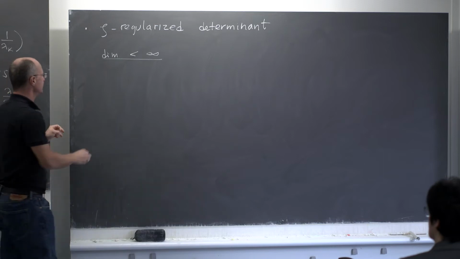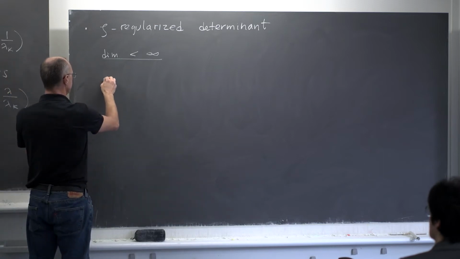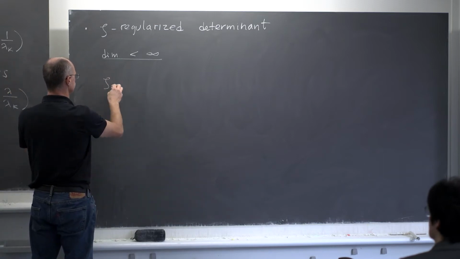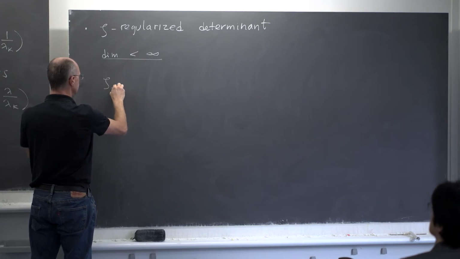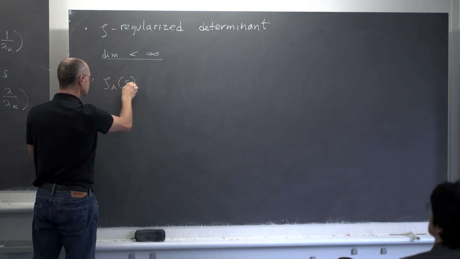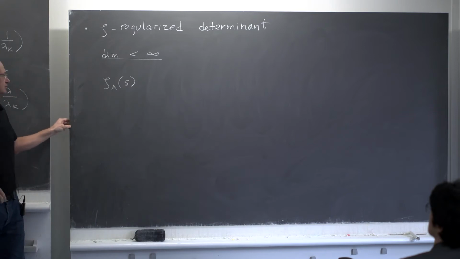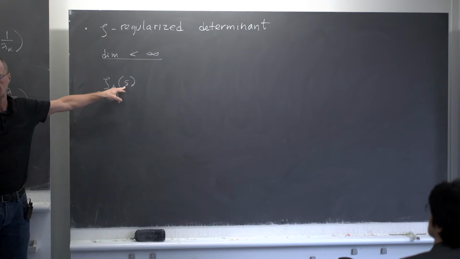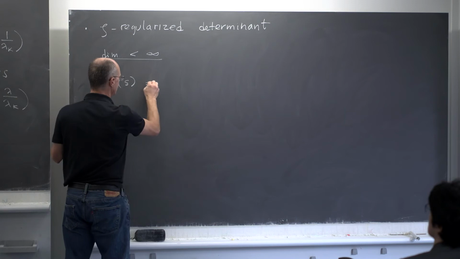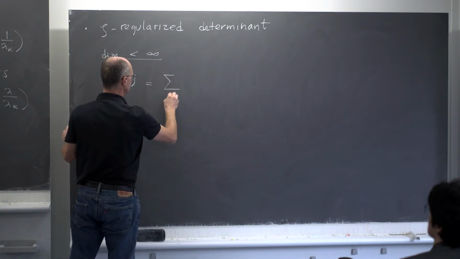So here the idea is as follows. Let's define a function of complex variable s, so zeta A of s, by the following formula.